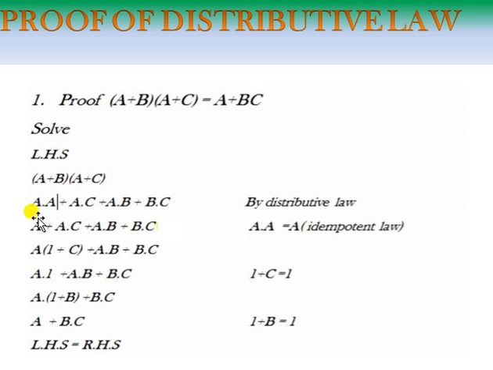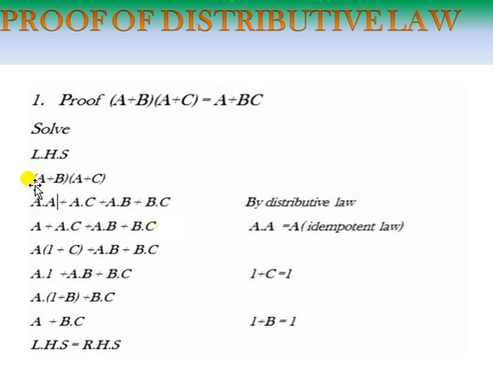Now we prove the distributive law, as I told earlier that I would prove it later. This is (A plus B) whole times (A plus C) equals A plus BC. Let us take the left hand side, (A plus B) times (A plus C).